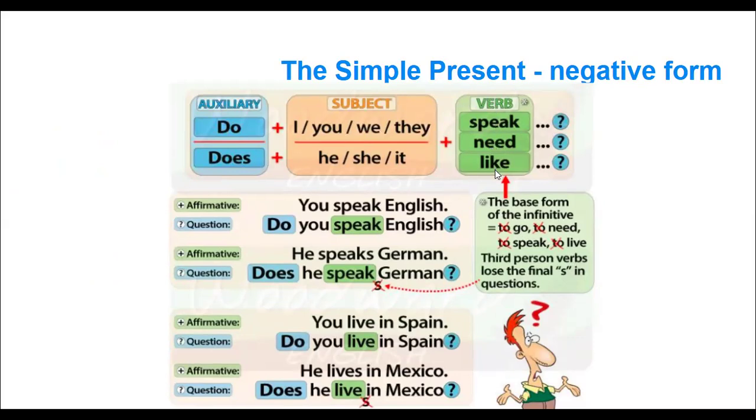Once again, following the same logic, we have does, which has es. So the verb doesn't need the letter S. Okay? Because we have the auxiliary does, we don't put a letter S in the verbs. Is that clear?